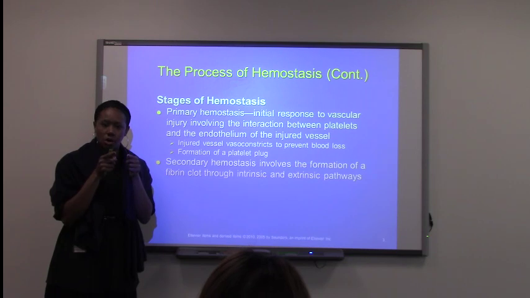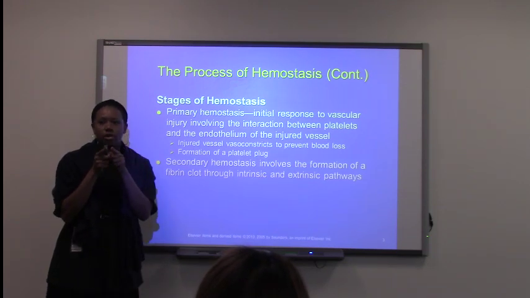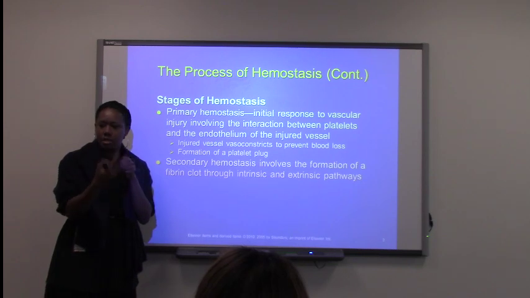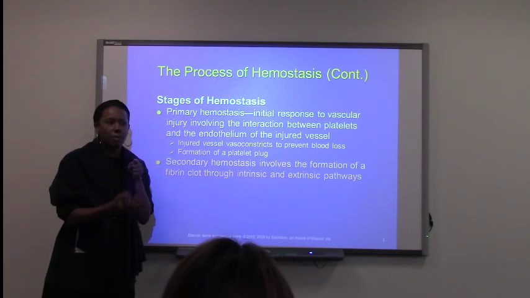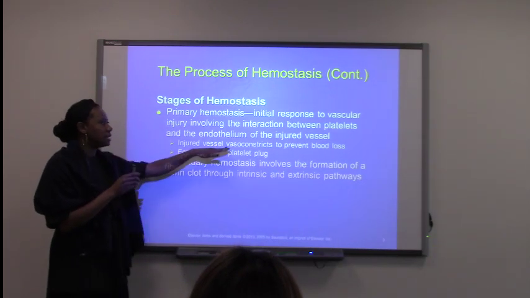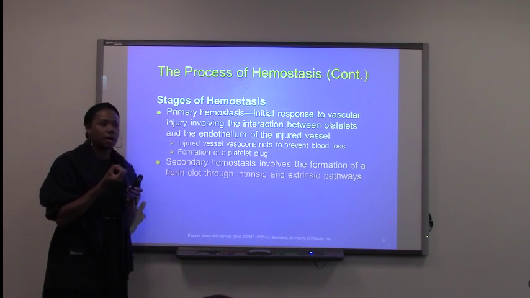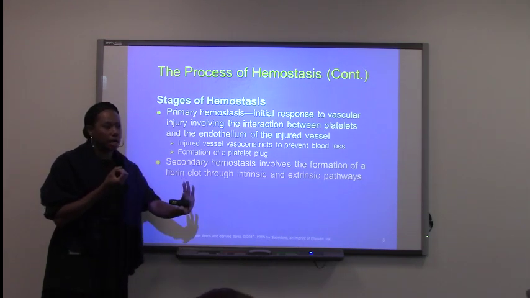Now the vessel wall is exposed. It's almost like a little crack. When that crack is there, blood will start to spill out. But the first thing that happens, which people tend to forget, is that the blood vessel itself will vasoconstrict, before platelets even go to the area.